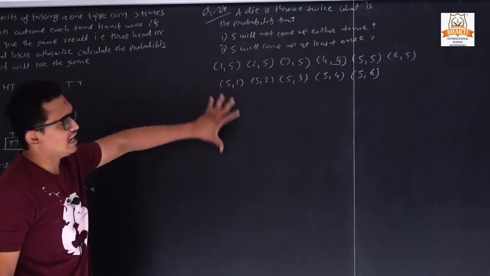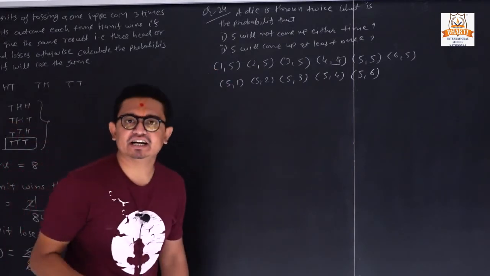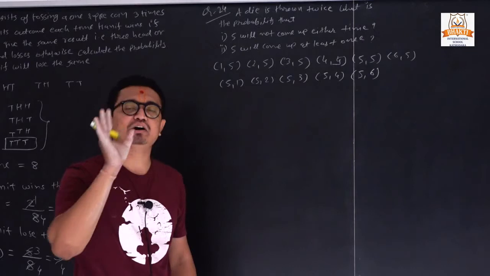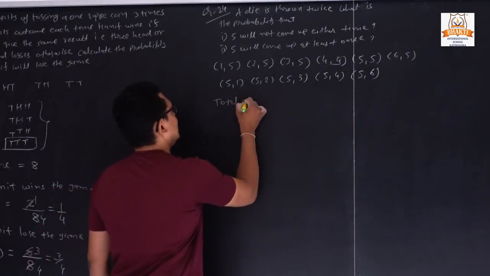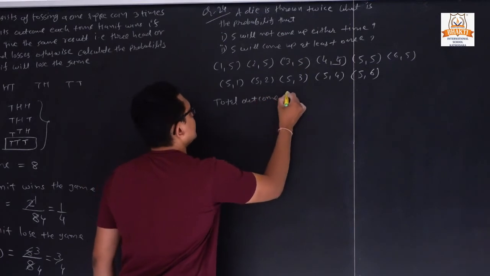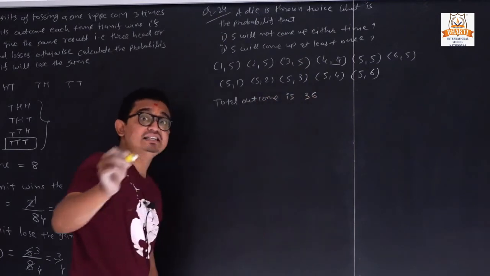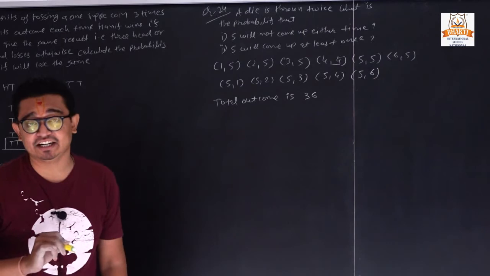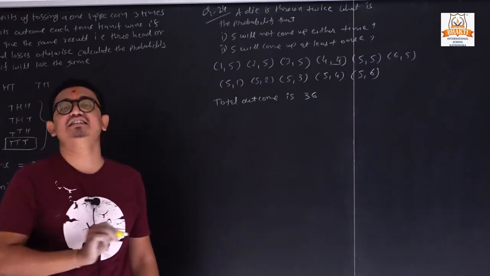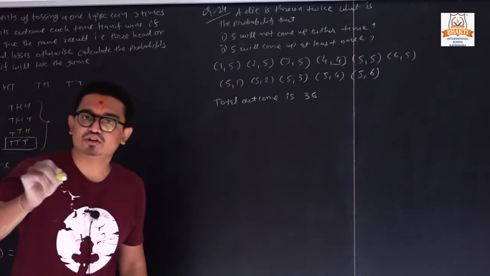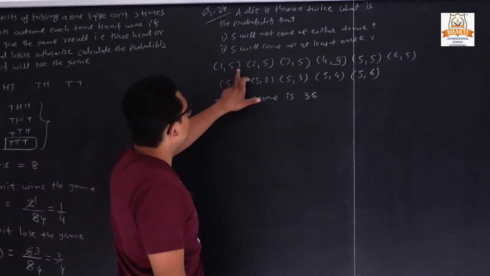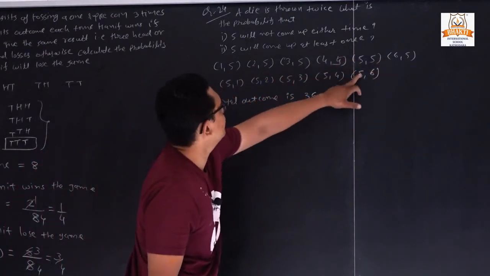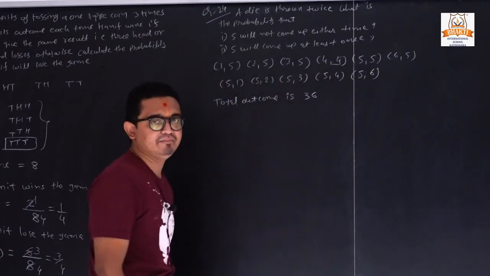If I am throwing a dice twice, the total number of outcomes is 36, as we discussed in question number 22. We can write all the 36 outcomes. Out of 36 outcomes, how many times will 5 come? 1 2 3 4 5 6 7 8 9 10 and 11 times.